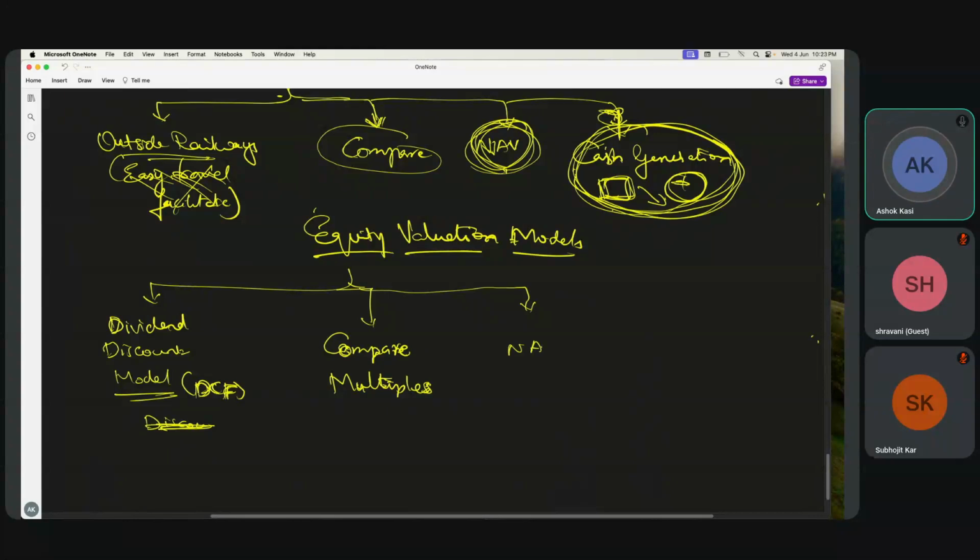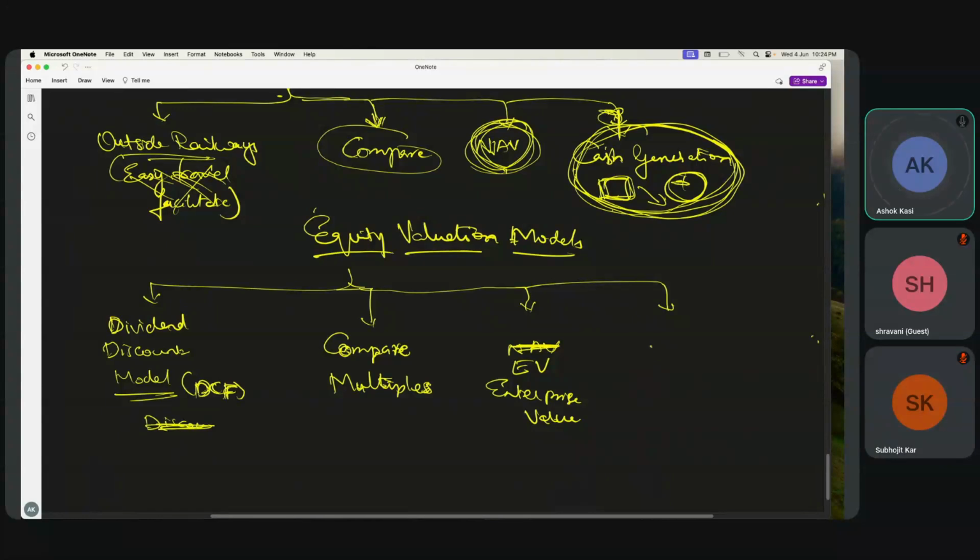Third one is EV. EV means enterprise value, that I will let you know. That is similar to compare only.